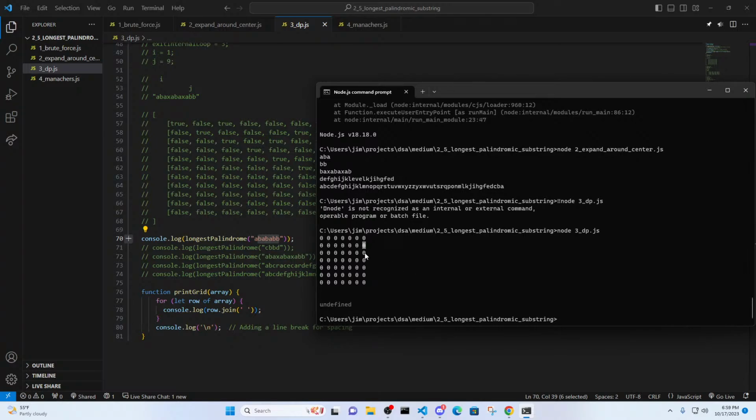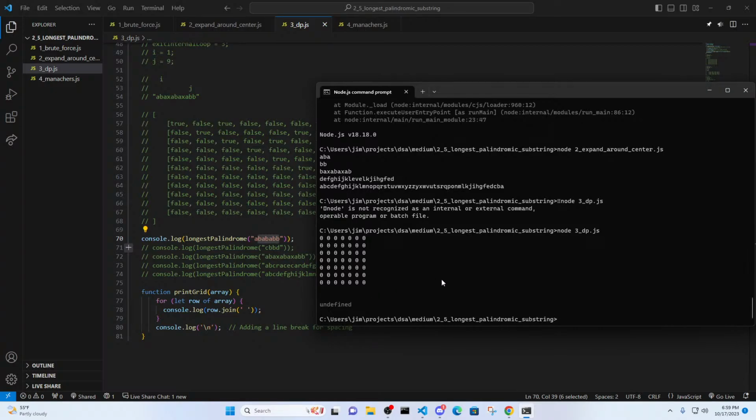If this whole thing was a palindrome, we'd have a 5 here. If the last 4 characters were a palindrome, you'd have a 4 here. If the last 3 characters were a palindrome, you'd have a 3 here. If the last 2 characters were a palindrome, which it is in this one, we'll actually have a 2. This will be a 1. This will be a 2.